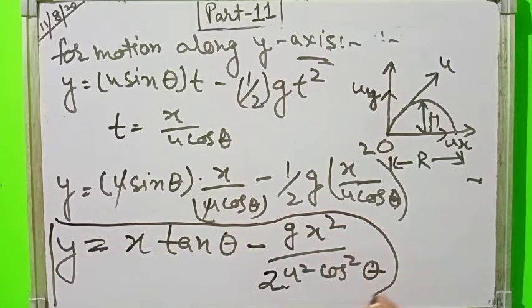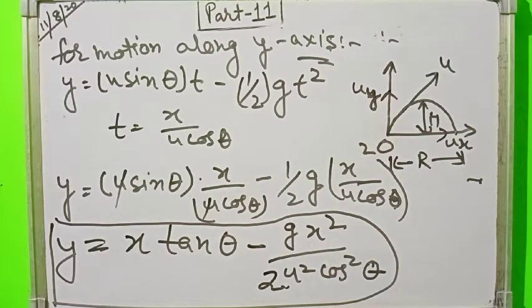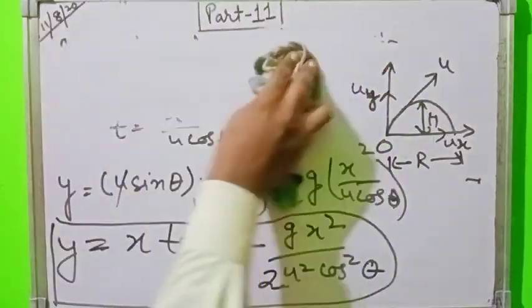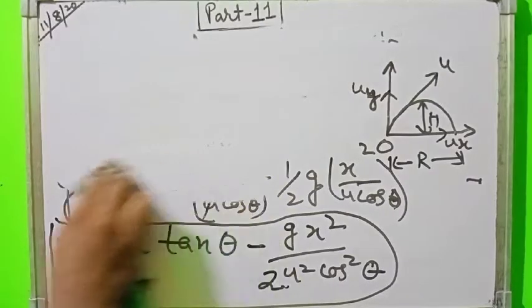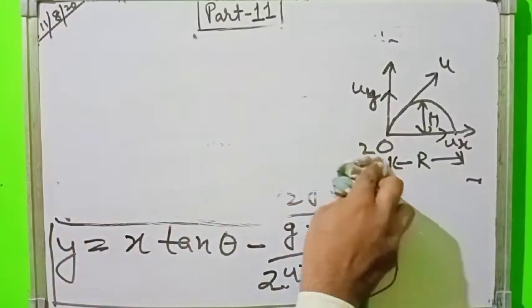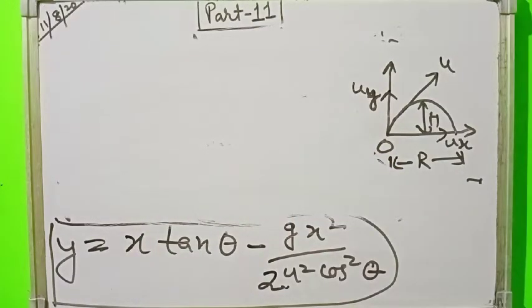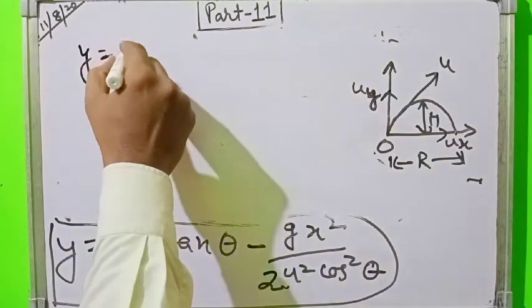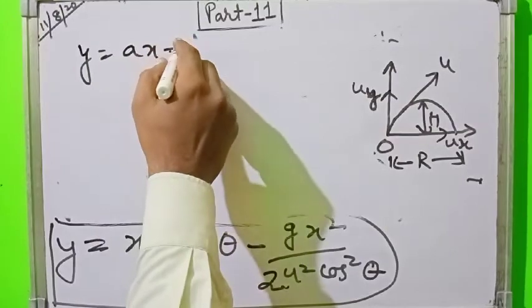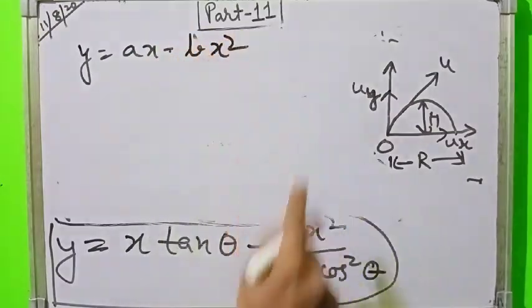This is the equation for the path followed by the projectile, or the trajectory of the projectile. Now look at here. This equation can be seen as y is equal to ax minus bx square.